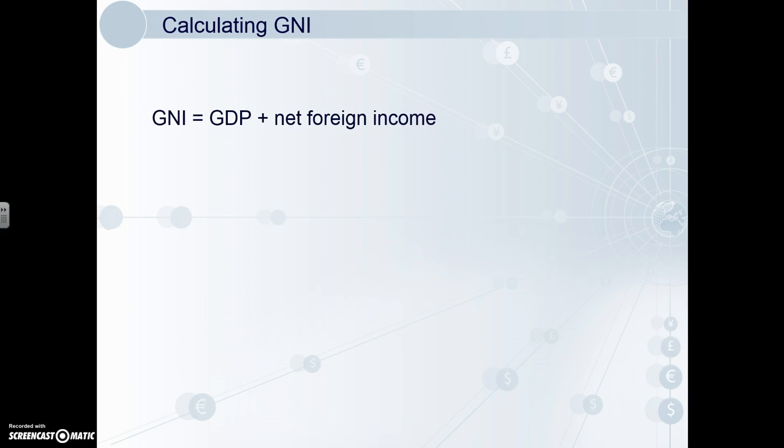Next we need to calculate GNI, gross national income. As I'm sure you remember, this is just GDP plus net foreign income, or GDP plus income earned overseas minus income sent overseas. In the last slide, we had GDP of Burma-Stan as $19.7 billion.